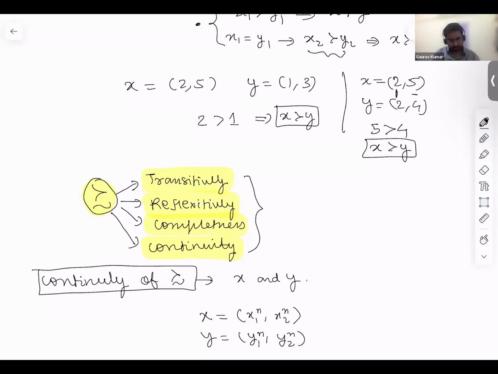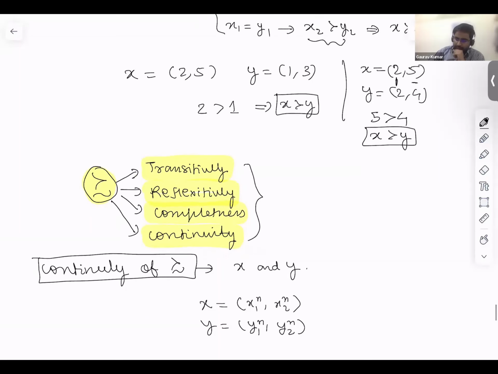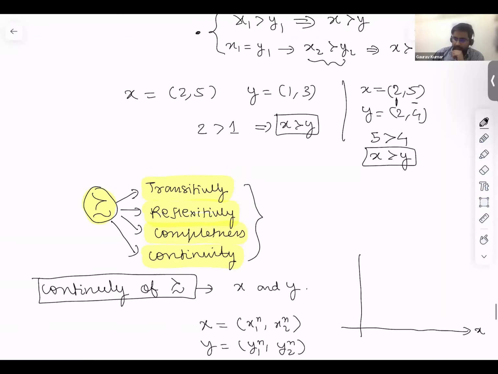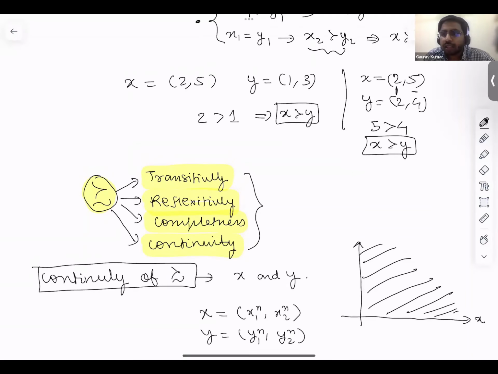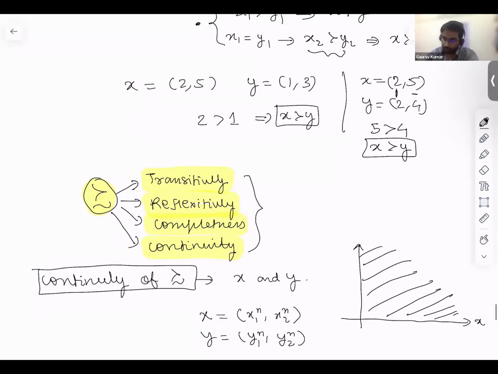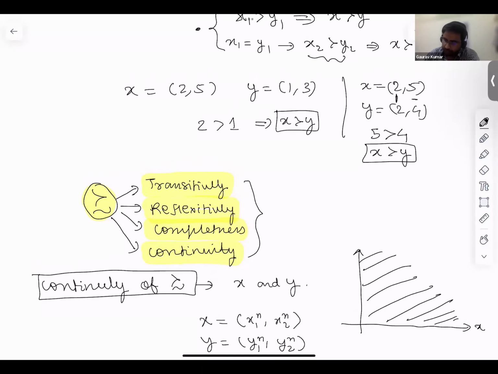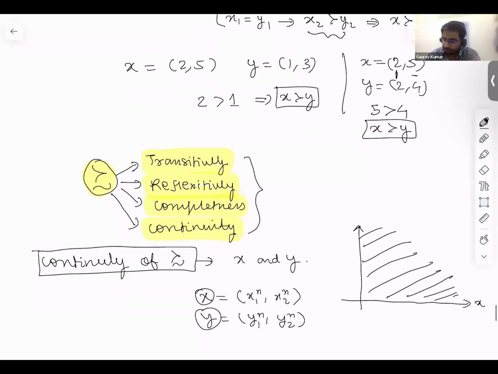Just give me one second. So this is your commodity space. There is a comment from Navya Sharma. Okay. What happens is I'm taking a sequence in this commodity space. That sequence is X and that sequence is Y. So these are two different sequences.